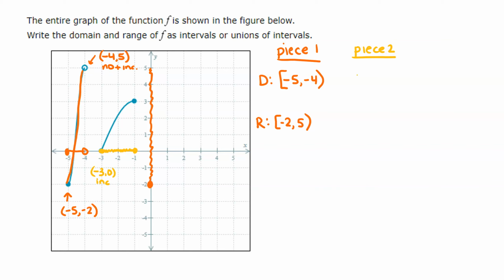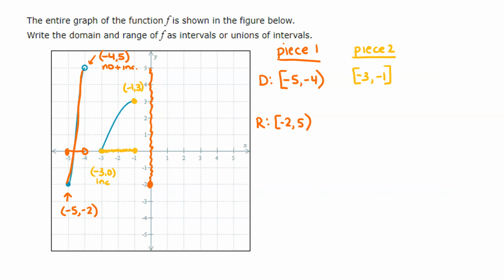So -3 is included in the domain. And then it goes up to -1. And -1's point here is also included. (-1, 3) is also included. So -1 is included in the domain for the second piece.